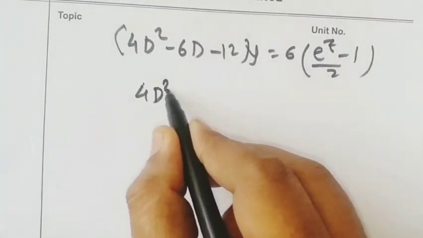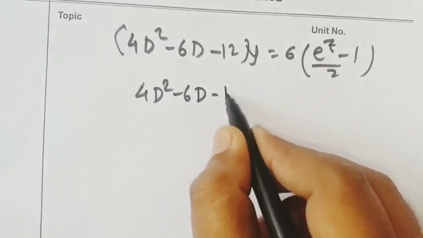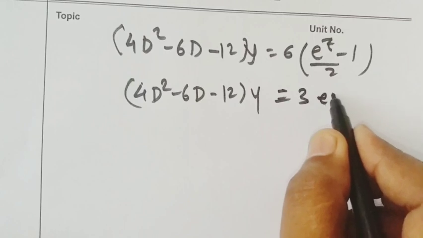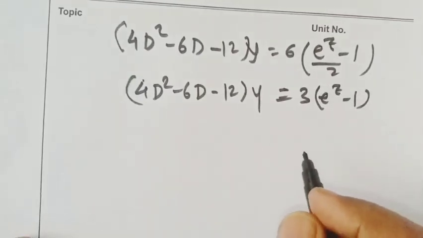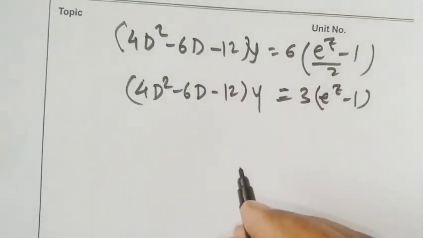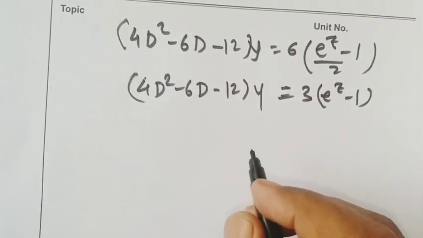Again, this can be written as (4D² − 6D − 12)y = 3(e^z − 1). Okay, this is the new differential equation with constant coefficients.